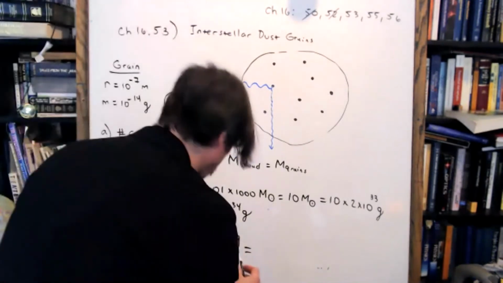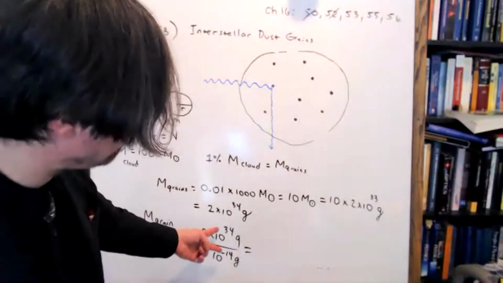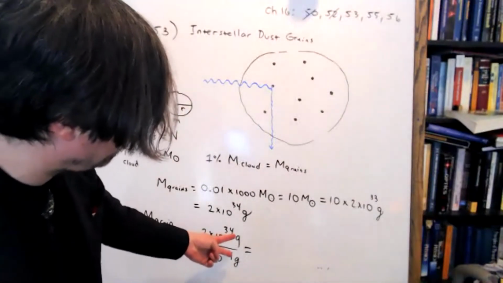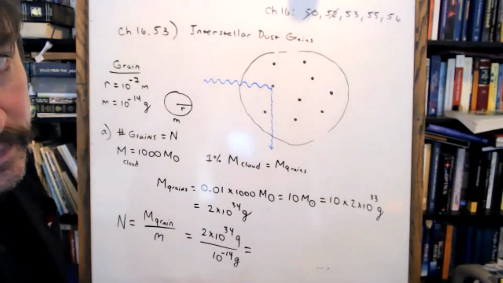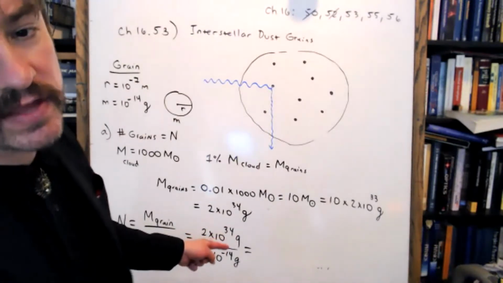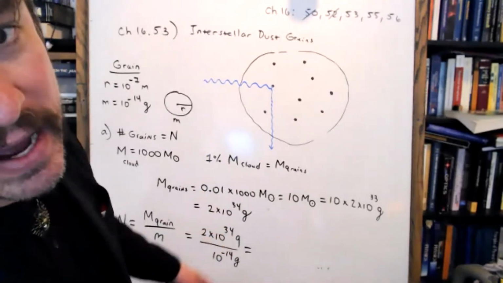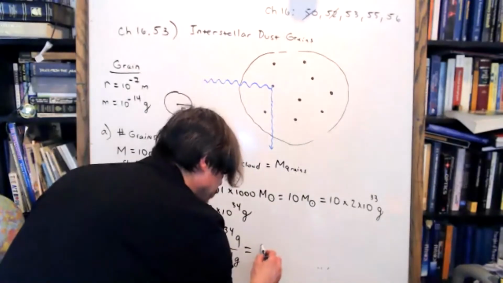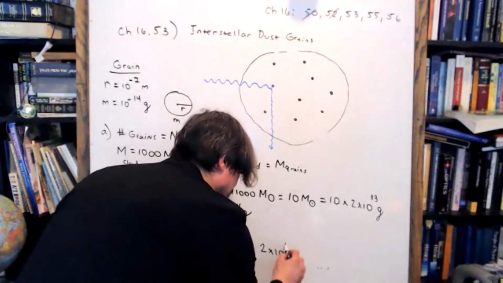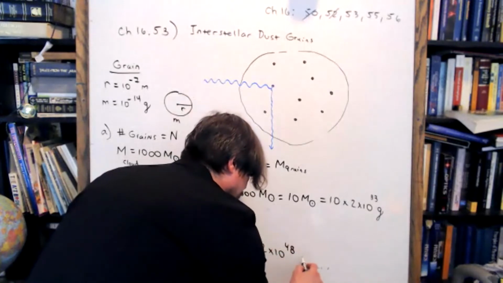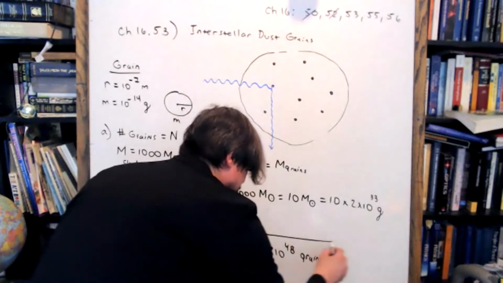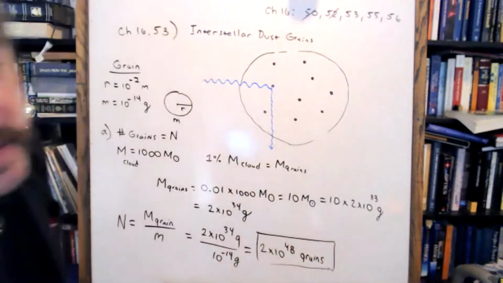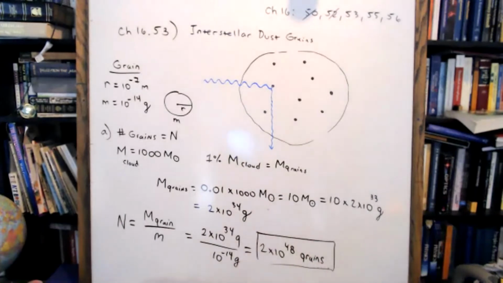Maybe 48. Oh, sorry. Yeah, Mateus, 34 plus 14 gives you 48, right? Oh, it goes back up positive. That's right, because if you divide by a negative, you add the powers. So 2 times 10 to the 48 grains, where grains is kind of a dummy unit. That's a lot of dust grains, if you think about it.